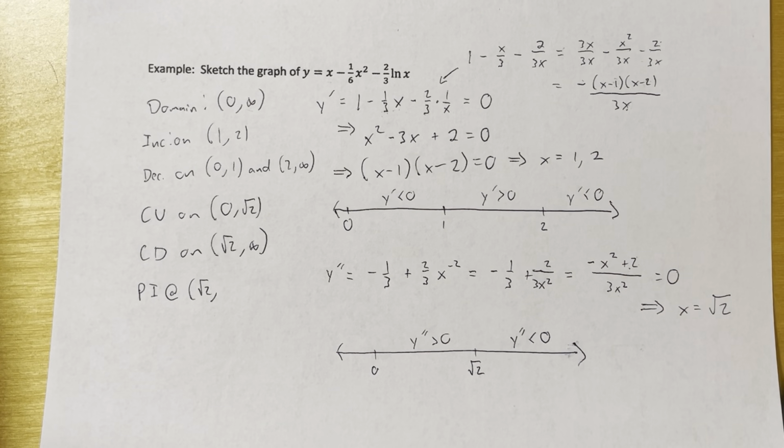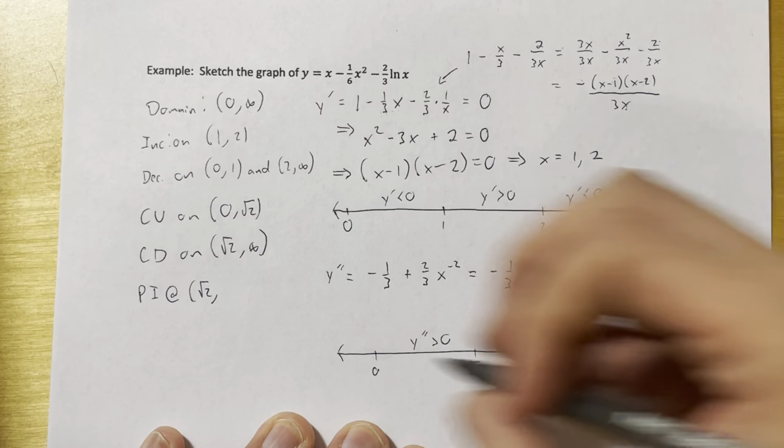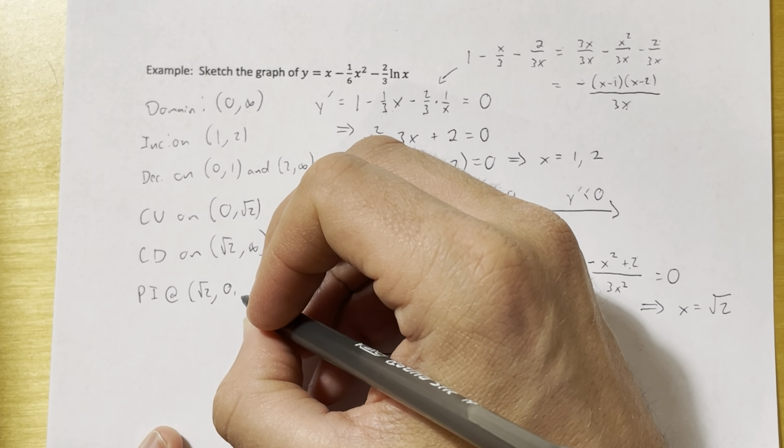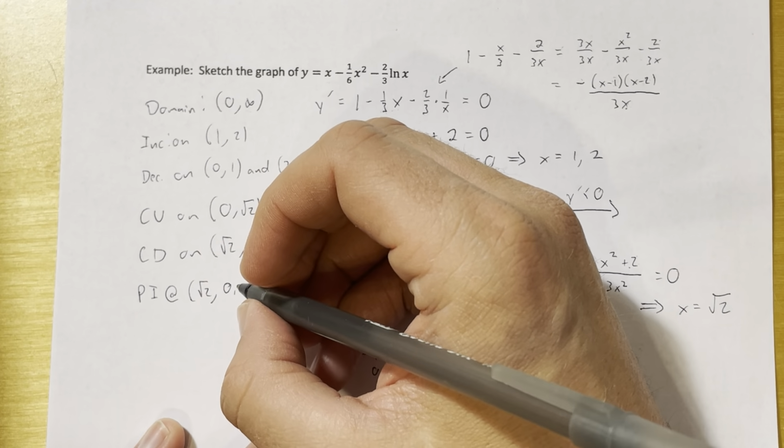So that's going to be square root of 2 minus 1/6 times 2, so that would be minus 1/3 minus 2/3 natural log the square root of 2. So that's approximately 0.85.